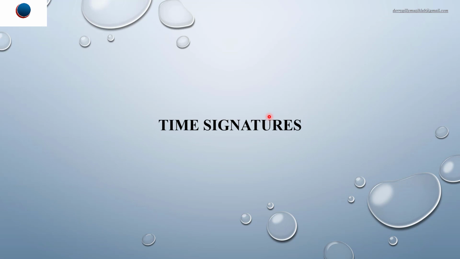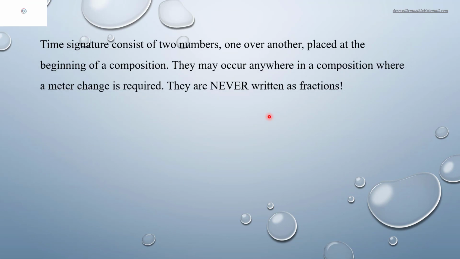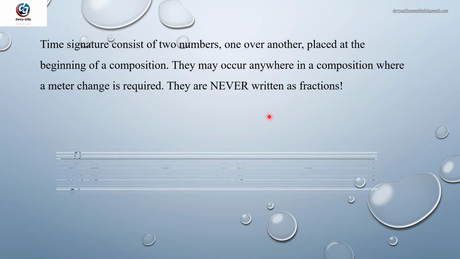Time signature consists of two numbers, one over another, placed at the beginning of a composition, and then they may occur anywhere in the composition where a meter change is required. But remember, they are never written as fractions. Okay, they are never written as fractions.